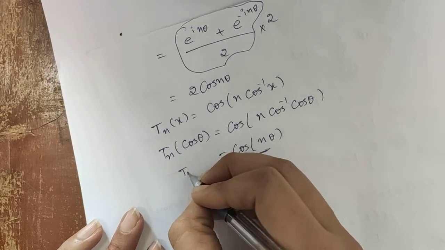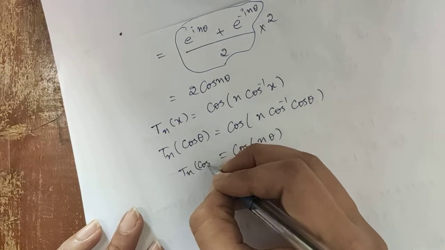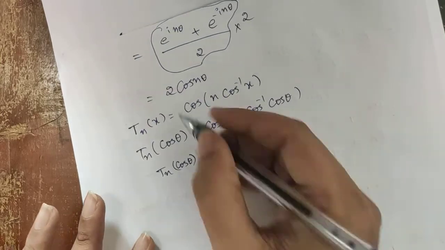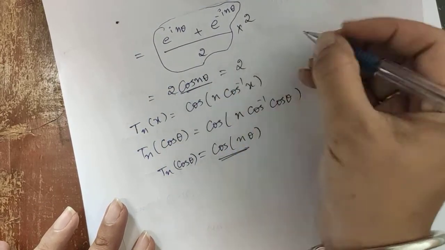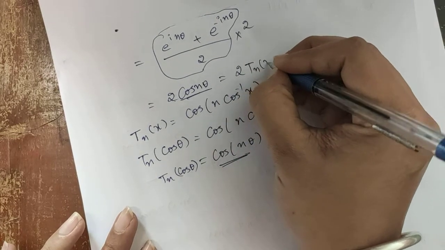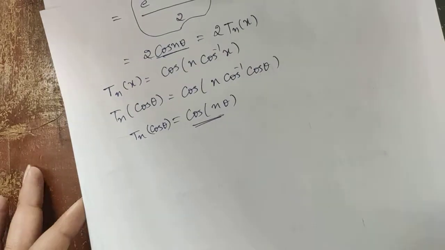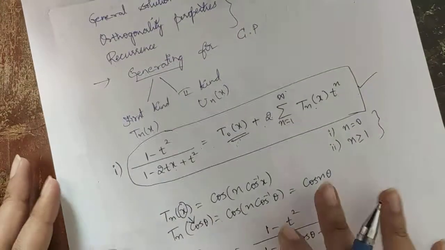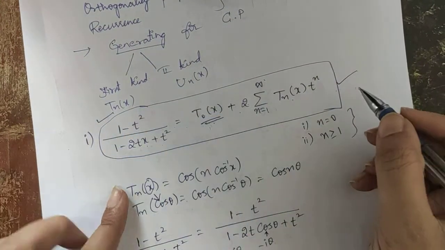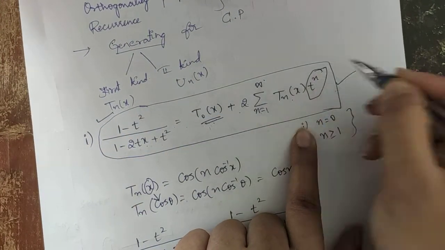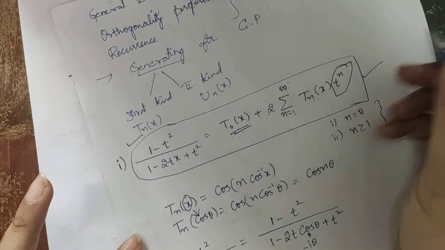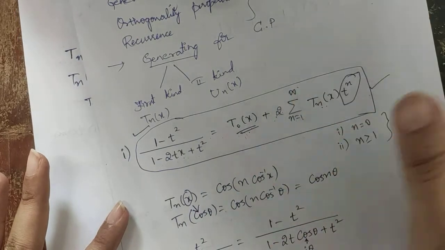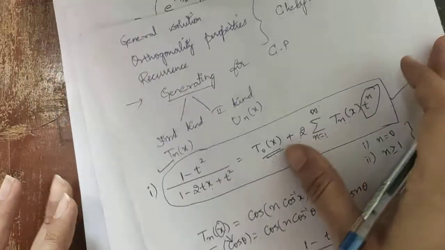So I can write this as Tn of cos theta. So here we are getting 2 cos n theta, which means this is 2 times Tn of x. Now if you compare this with the given generating function, I am getting the coefficient of Tn as 2 into Tn of x. This is all about the Chebyshev formula for the first kind, that is for Tn of x.